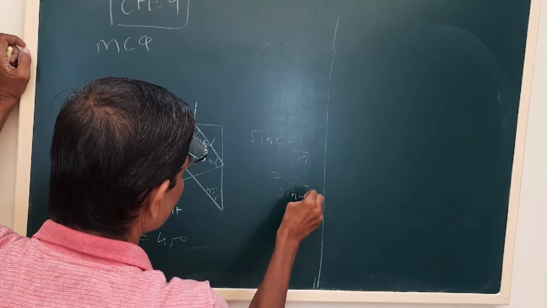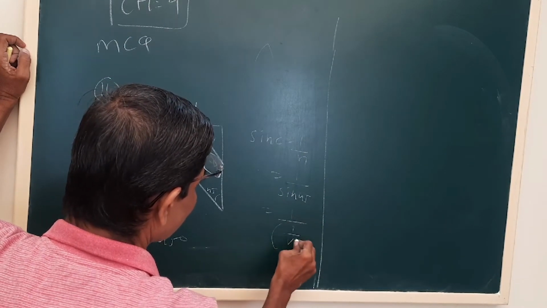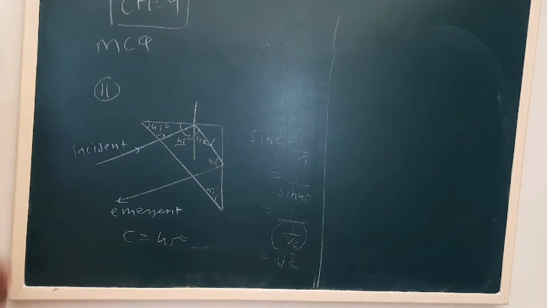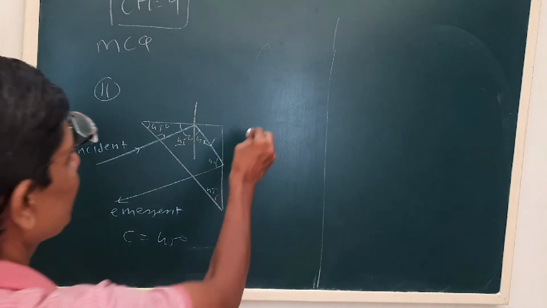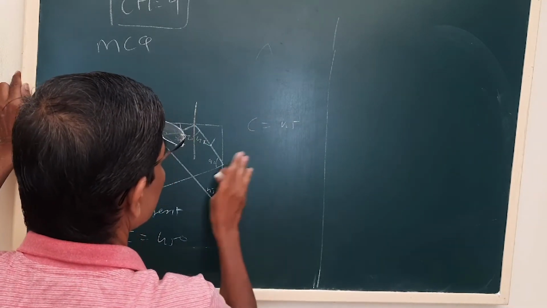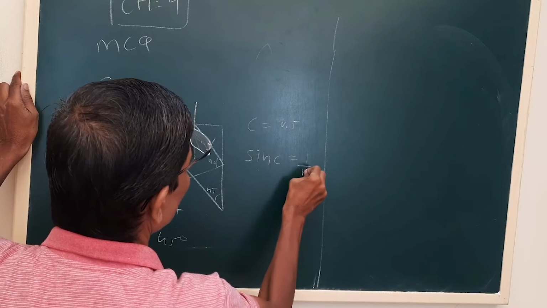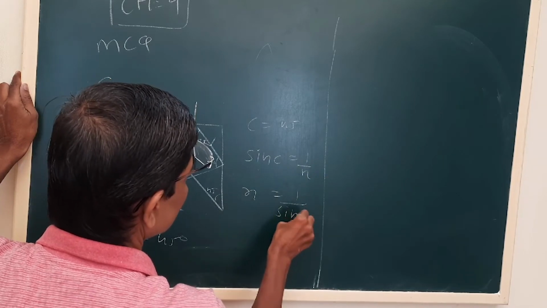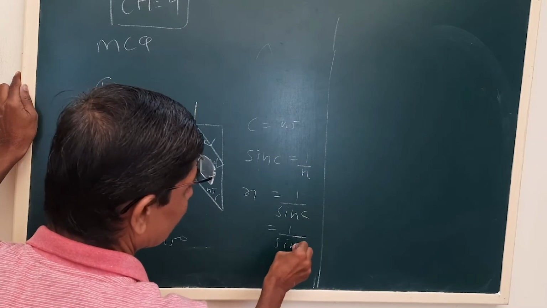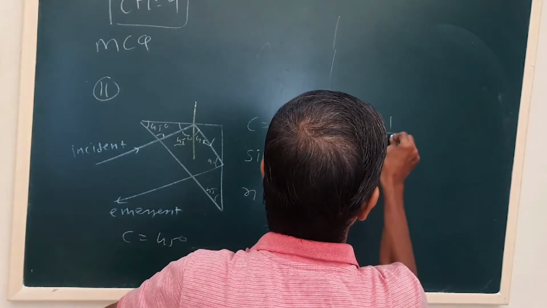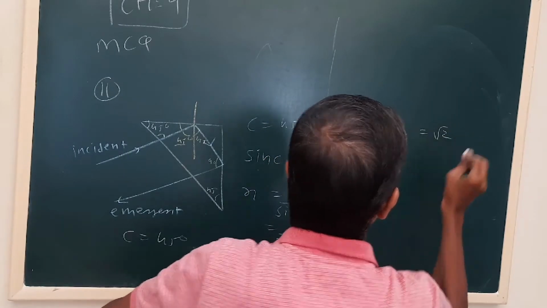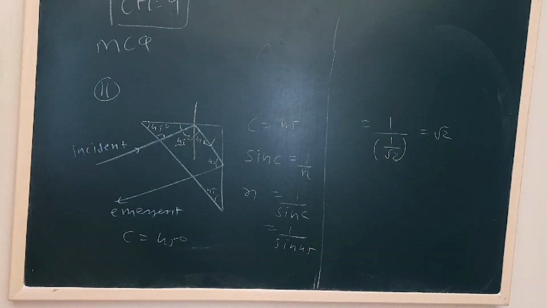Sin 45 value we know very well: sin 45 is 1 upon root 2. So n is root 2. Okay, so this is about the refractive index.